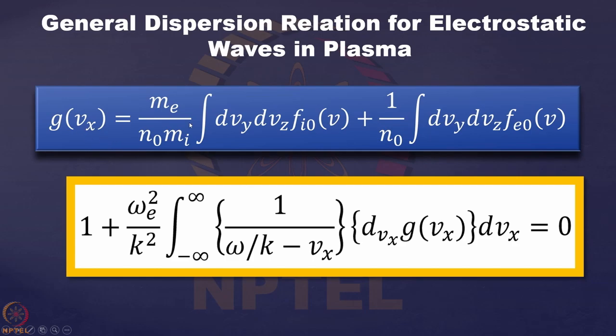That is the purpose, because until I know this exact expression for g(vx), I will not be able to extract any information about this dispersion relation. So to understand the value of g(vx), I need to know the form of this distribution function. And as I told you, in most cases we take the Maxwellian distribution. Here also we will do the same thing.